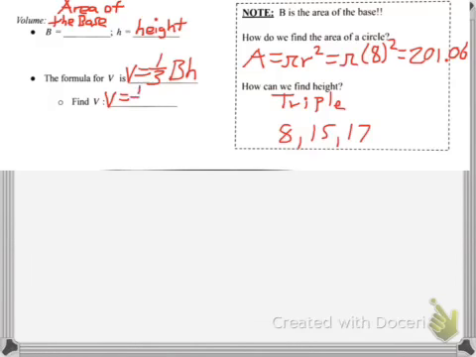So my volume formula would be 1/3 times 201.06 times the height, which we said was 15. If we put all that in our calculator, we should get 1005.31. Our unit of measure was centimeters, so this is centimeters cubed for volume.